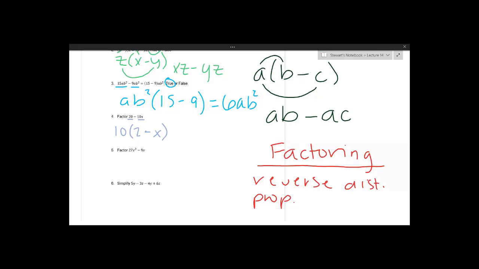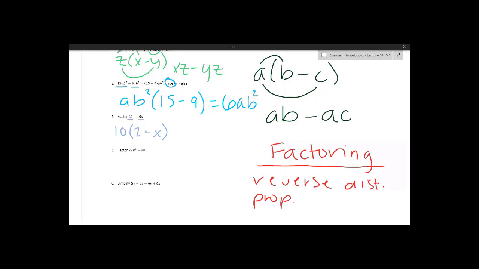So all you're left with is 10 times 2 minus x. And then if you apply the distributive property, you'd get 20 minus 10x back again. And that's why I say factoring is essentially the reverse of the distributive property, because once you factor, if you apply the distributive property, you'll get back what you had in the first place, and then it'll undo itself.